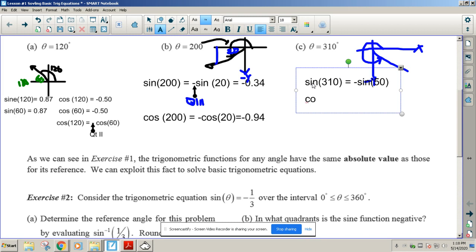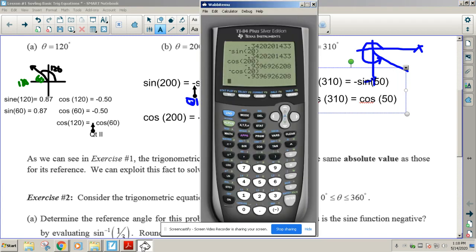Again, cosine now is going to be positive because 310 degrees is in quadrant 4, which is cosine's quadrant. So the cosine of 310 is going to give me the exact same thing as the cosine of 50. So let's type those in and see what we get.